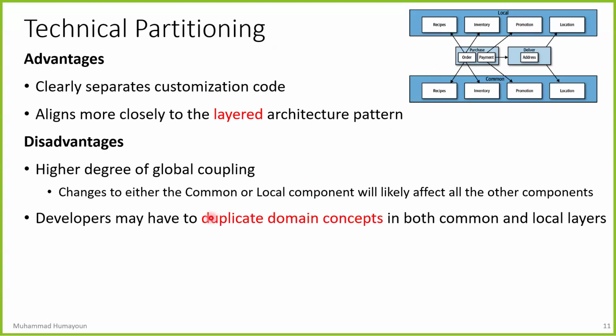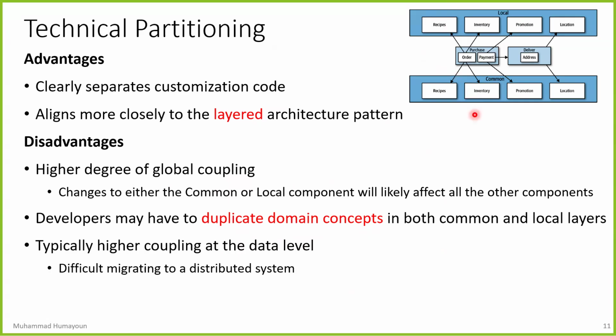Okay, now developers may have to duplicate domain concepts. As you can see, we are duplicating domain concepts like recipes, promotion and promotions, location and location, and so on. And you are doing it both in common and local layers. Typically there is higher coupling at the data level also. Not only do you have global coupling, but at the data level also you will have higher coupling.